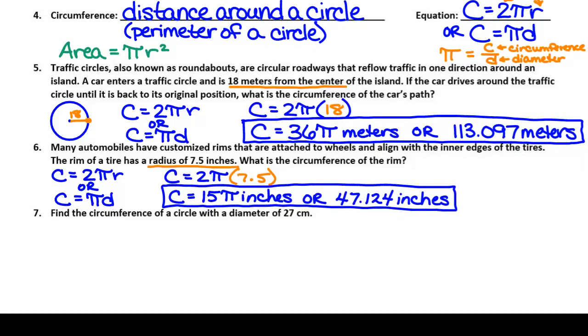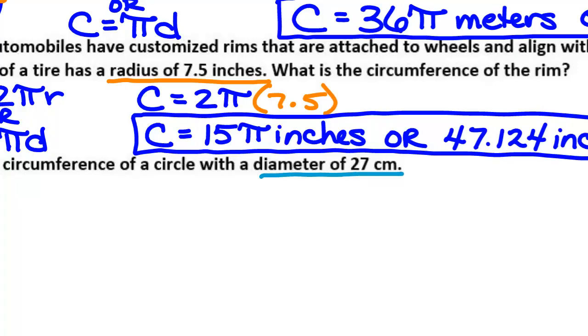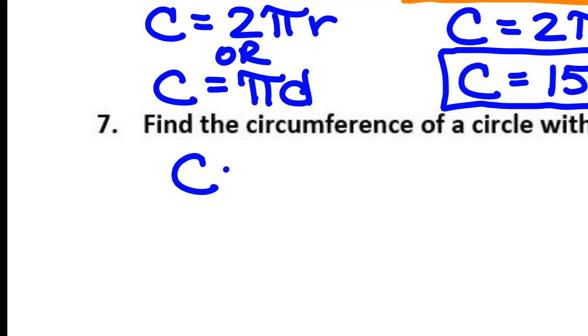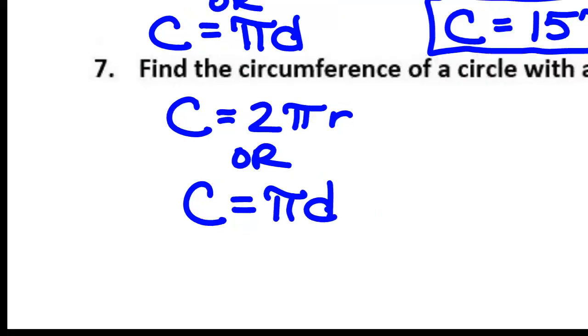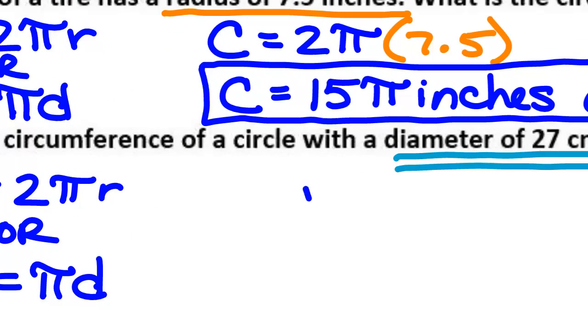Number 7. Find the circumference of a circle with a diameter of 27 centimeters. So one more time, circumference equals 2 pi r, or circumference equals pi d. Which one makes the most sense to use in this case? Pi d.